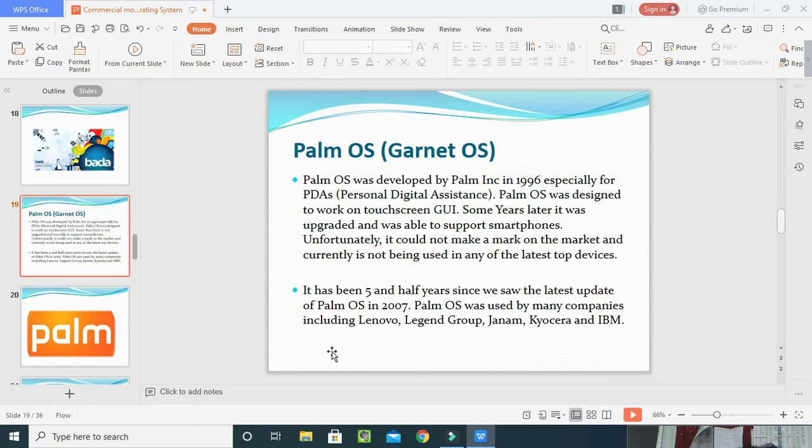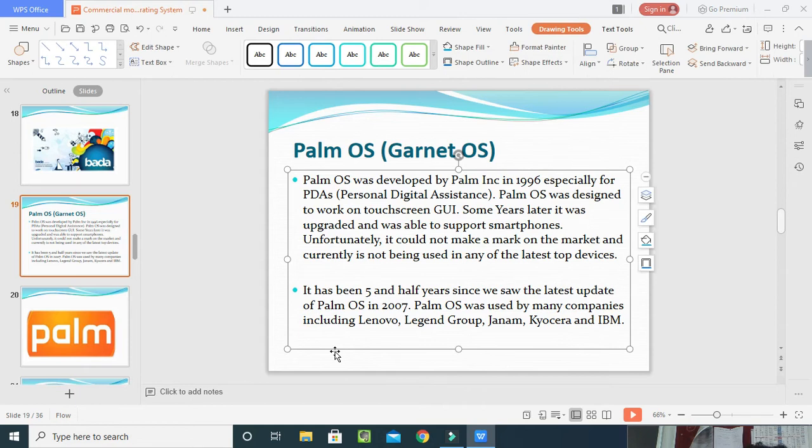With smartphones, applications work with the help of the touchscreen. Unfortunately, Palm could not make a mark on the market, and currently it is not used in any of the latest top devices. But other companies copied its plan and logic, and started developing new versions. It has been 5.5 years since the latest update of Palm operating system in 2007.